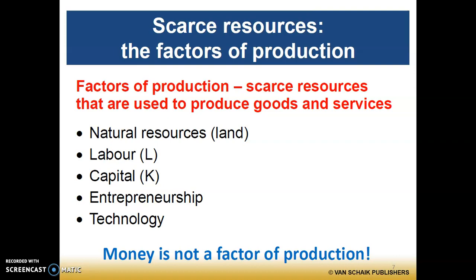Then we have entrepreneurship. The factors of production are combined and organized by people who see the opportunities and are willing to take risks by producing goods in the expectation that they will be sold at a profit.